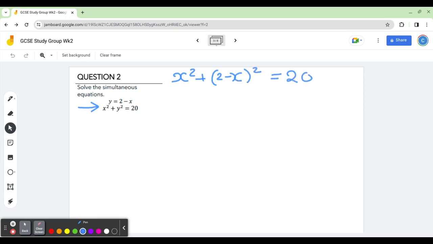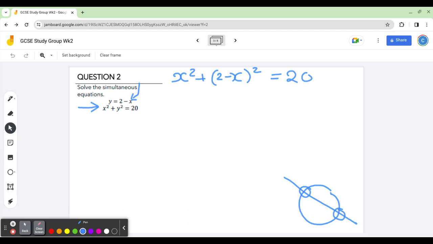So I've just substituted y from the linear equation into the non-linear, which is a circle there. And just to let you know, this can come up in a question talking about a circle and a line that crosses it or intersects it, and it may ask you for the coordinates of the points of intersection.